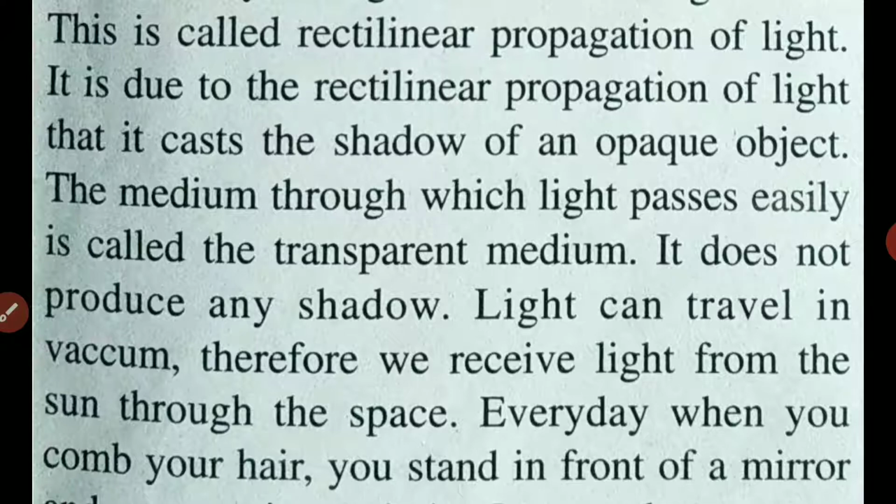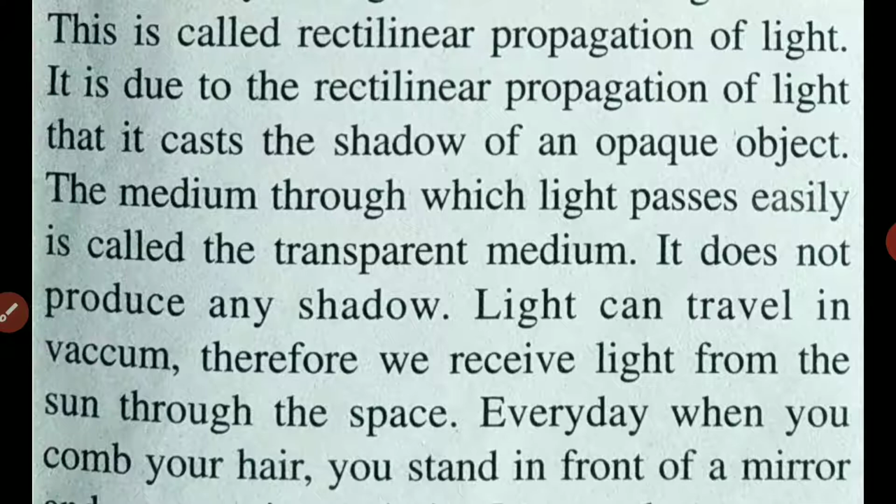Light can easily pass through it. It does not produce any shadow, so a transparent medium generally does not produce any shadow. Light can travel in vacuum. Therefore, we receive light from the sun also, because the earth has atmosphere, but beyond the atmosphere of the earth there is space, there is a vacuum, right? So light can even travel in vacuum, unlike sound.